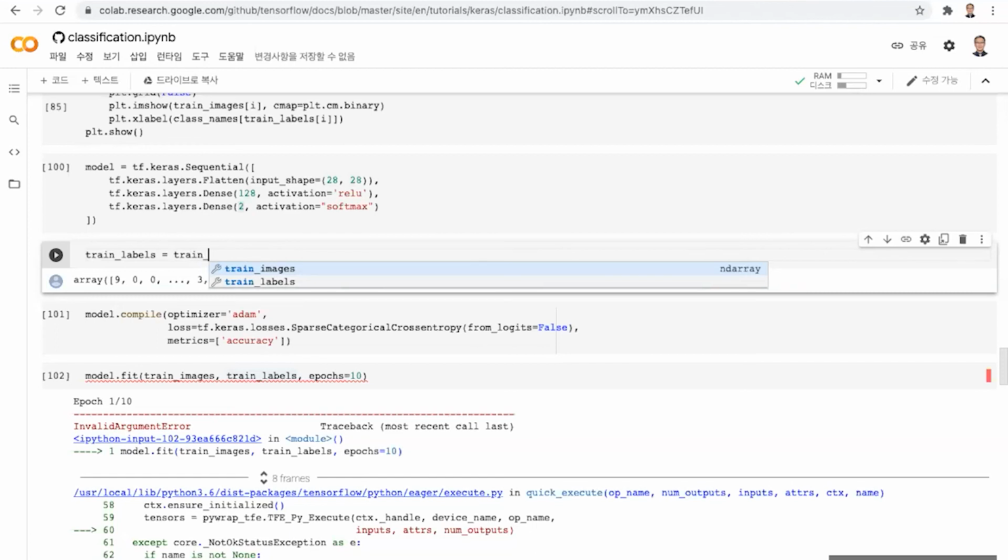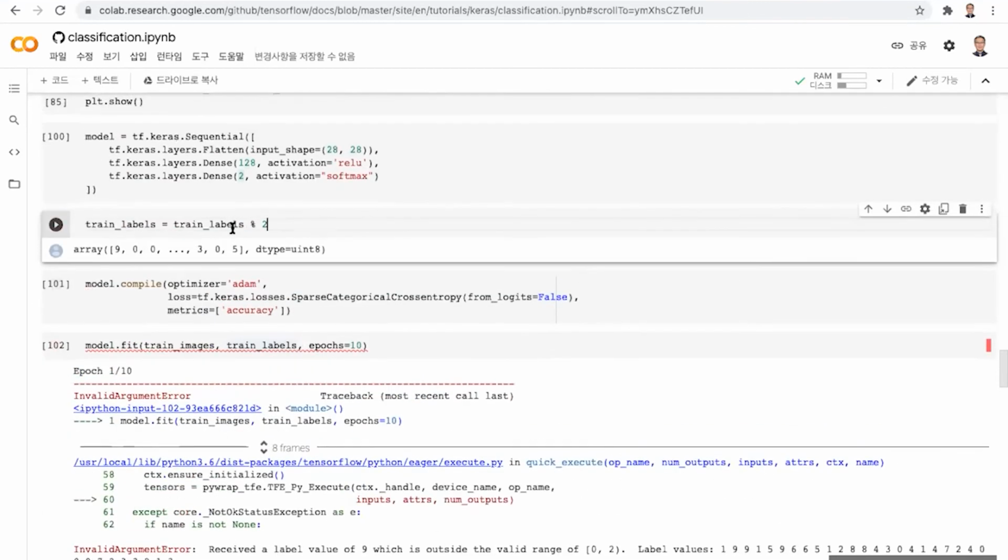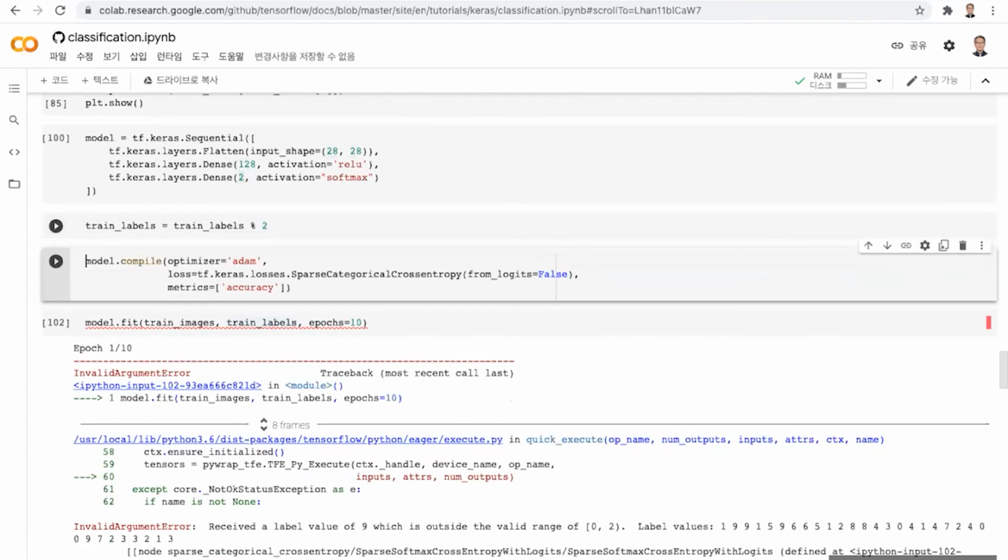So train labels, and do you remember what the percent sign means? It was modulus. It produces the remainder of your division. So if you divide a number by 2, the remainder will be either 0 or 1. So I just transform the data set.